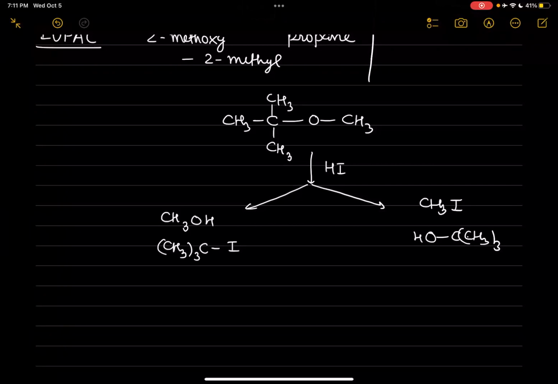So which option are you going to choose? Tell me quickly. And this is a very famous question. CH3OH and tertiary butyl halide. Yeah, this is correct. This is incorrect. Why?